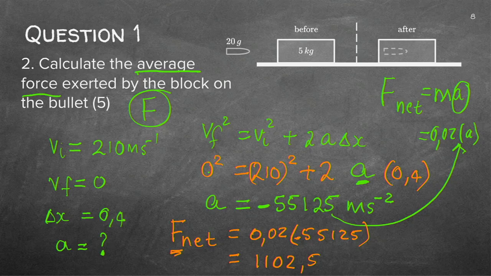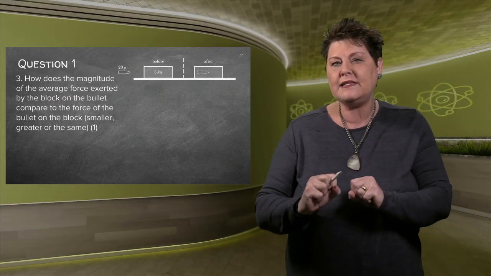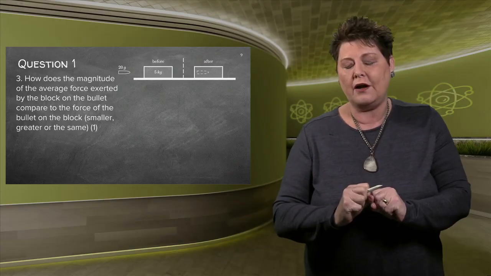It's force, so it's Newton, and we know it was slowing down, so it's a negative force. What does it mean? This block is exerting a force to that side to actually stop the bullet inside. I hope you can calculate and see the relationship with the directions.